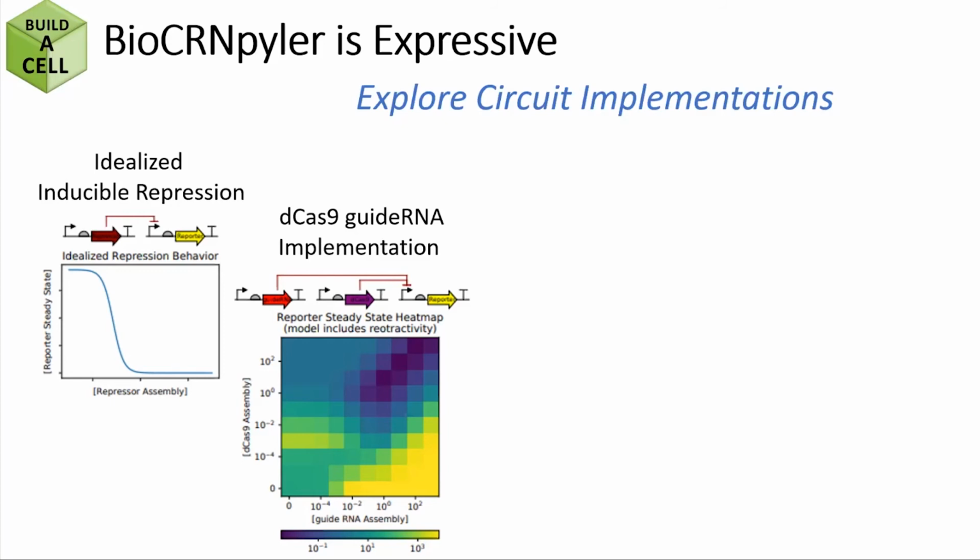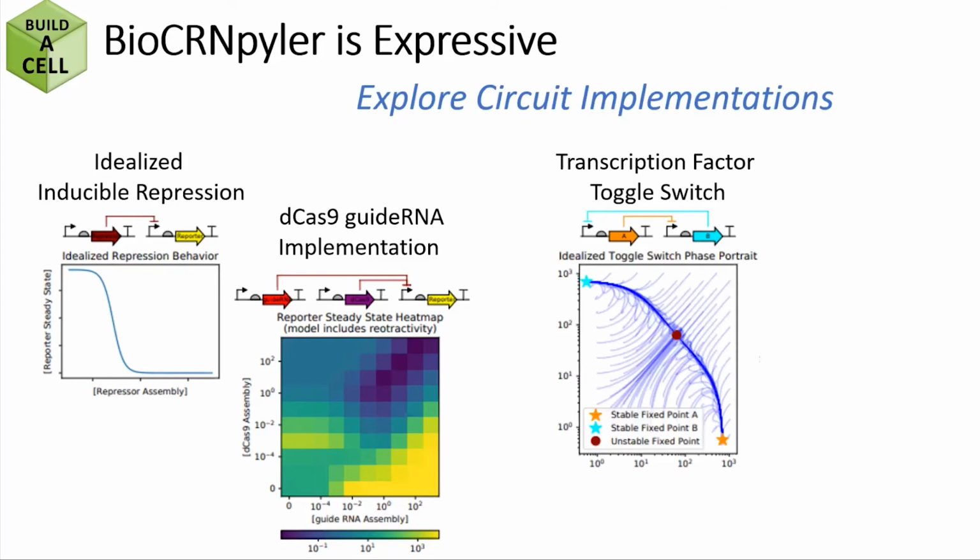Similarly, I could look at this transcription factor toggle switch where I have 2 different proteins that are both transcription factor repressors of each other to make this bistable toggle. And I can ask, could I build this in a different way?